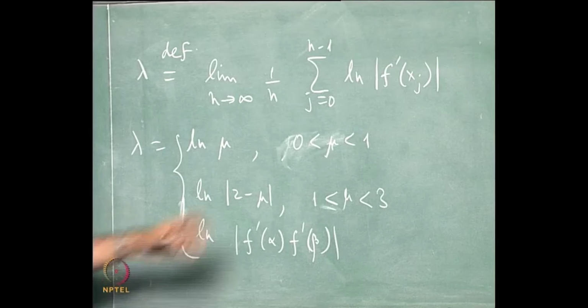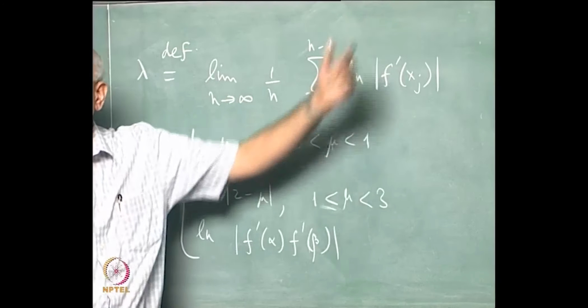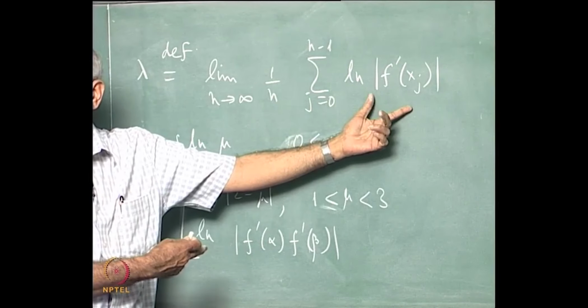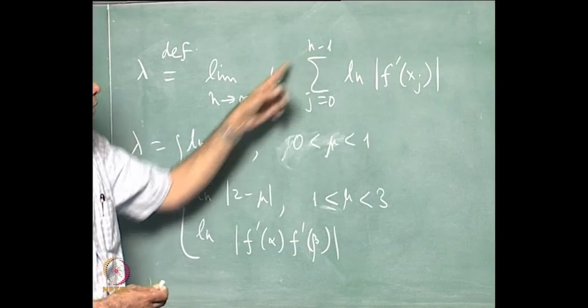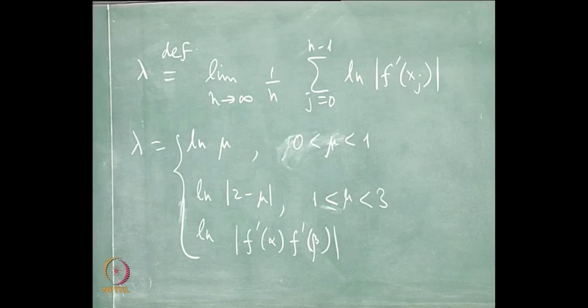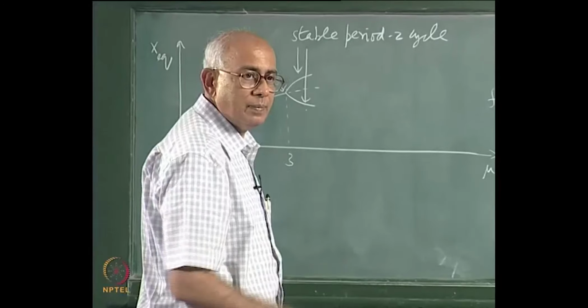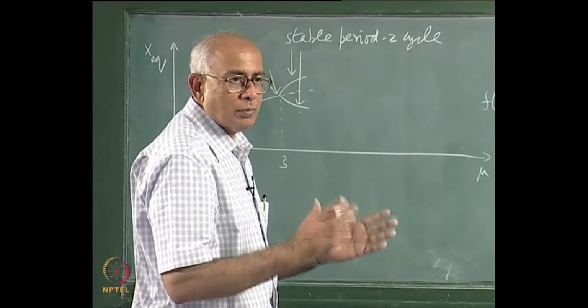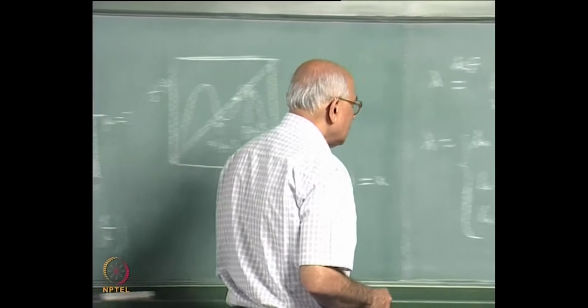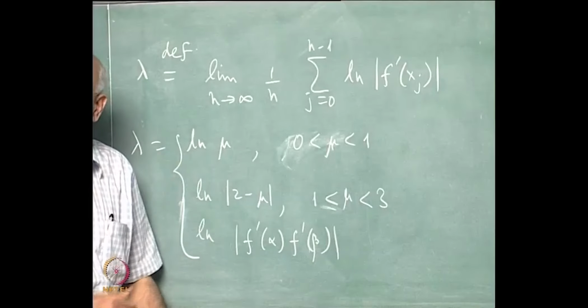It is gone because eventually, wait long enough, this thing becomes a constant at this value, it is a period 2 cycle, and then the n here divides this, and in the limit it would just be this product of logs. Now that is less than 1, so it is stable. The mod of this product is less than 1 because the period 2 cycle is stable, and once again the Lyapunov exponent drops to negative values.